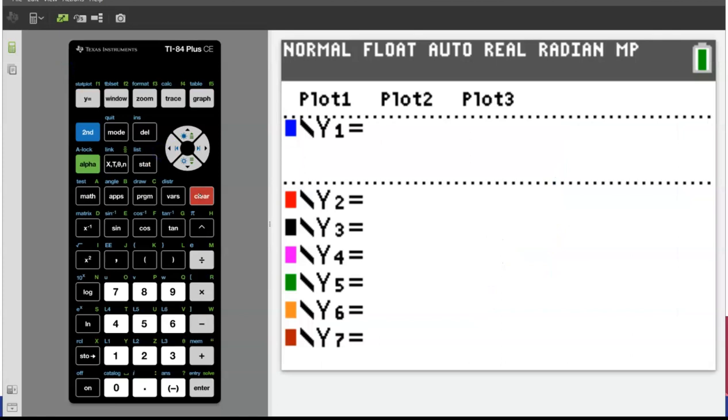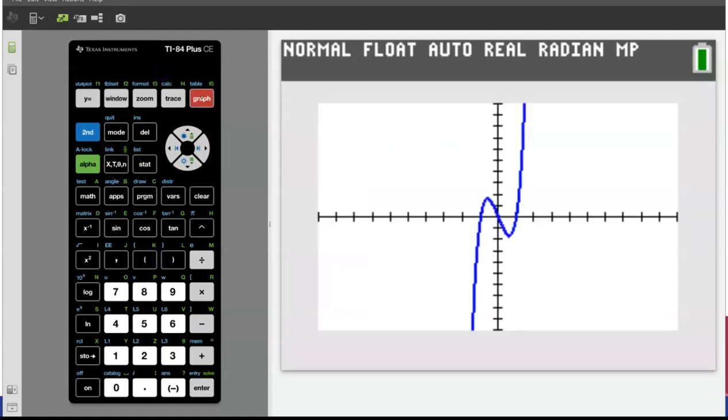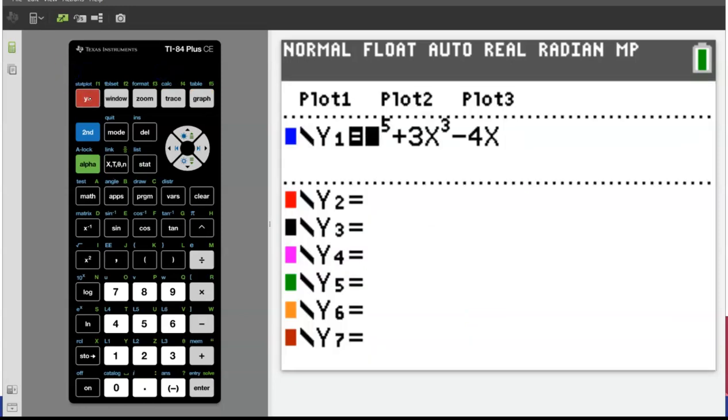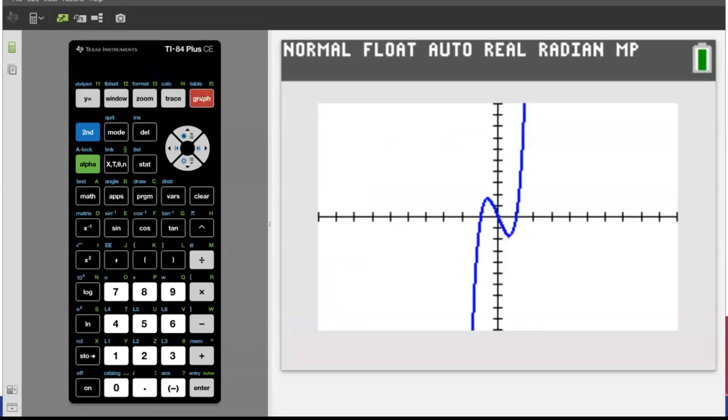All right, so we have x raised to the power of 5 plus 3x raised to 3, and then minus 4x. Graph it. Oh, I did something wrong because that's not right. Oh, yeah, it is. We're okay. Scared me.